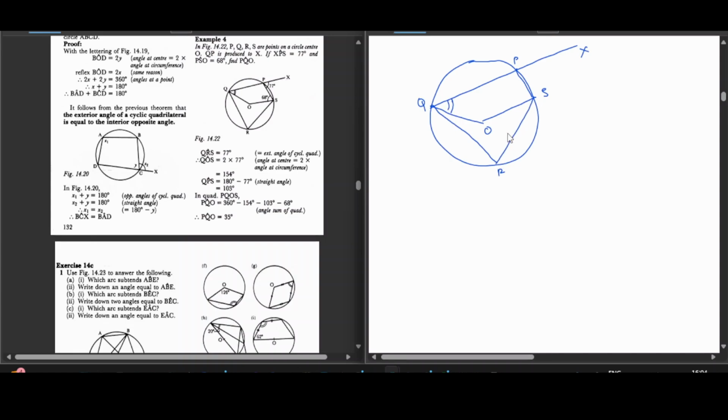So that angle tells us this angle is 68 degrees, and this is 77 degrees. Okay, so that is what we have. First, what I want you to appreciate here is that we have a cyclic quad, and if you write a cyclic quadrilateral, the moment you see it, you write it down, which is QPSR.